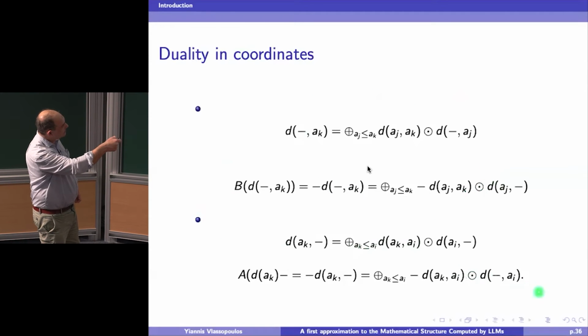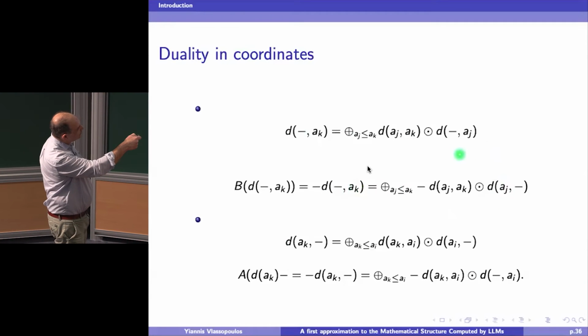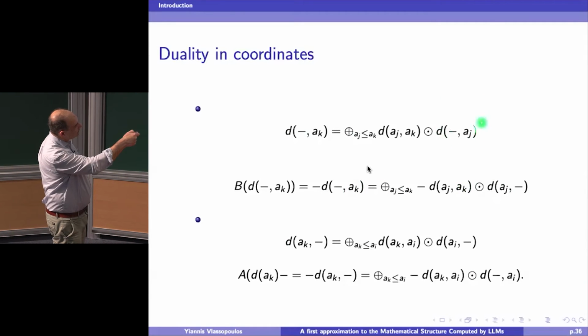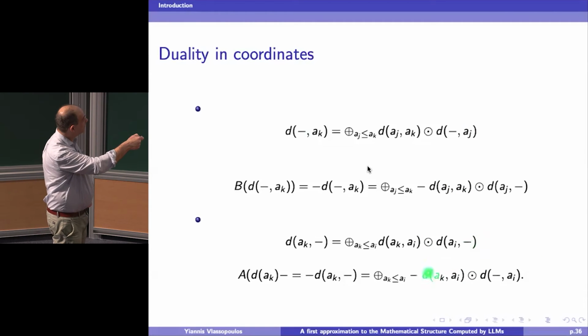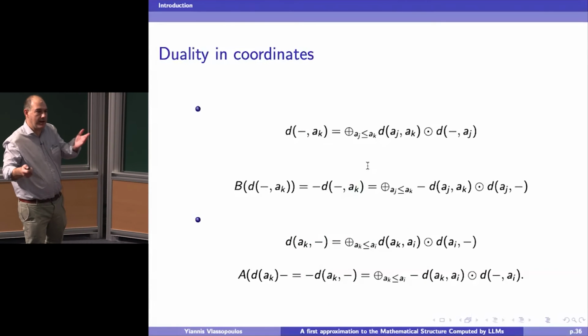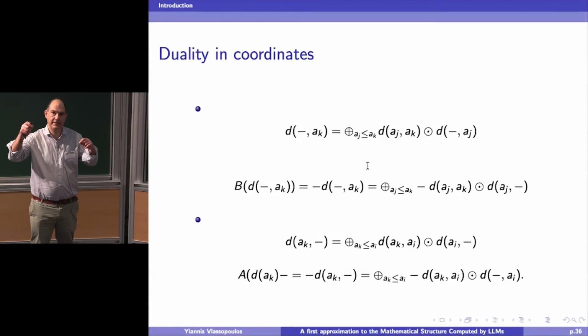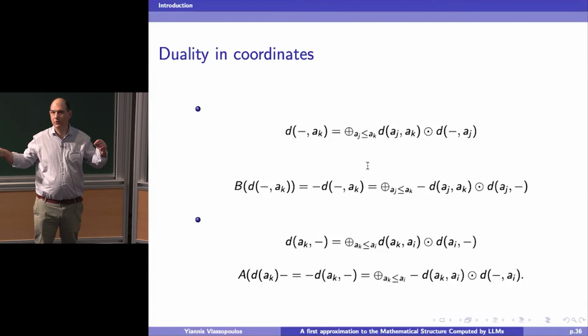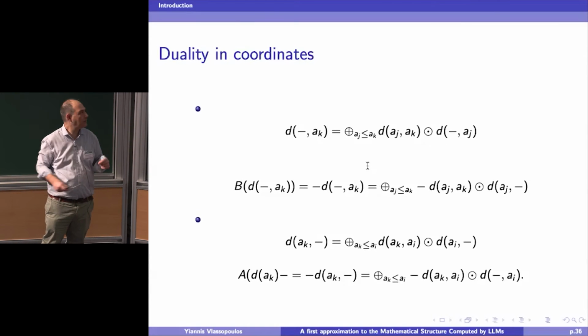You can apply this on the level of this duality, and you can see that while you started with d dash aj, which are texts that are contained in aj, you end up with d aj comma dash, which is texts that contain aj. And the same thing also works the other way around. This is to be expected, of course, because all it means is that you go from columns to rows. You go from the column span to the row span.